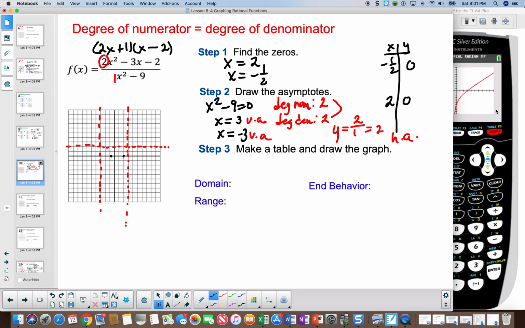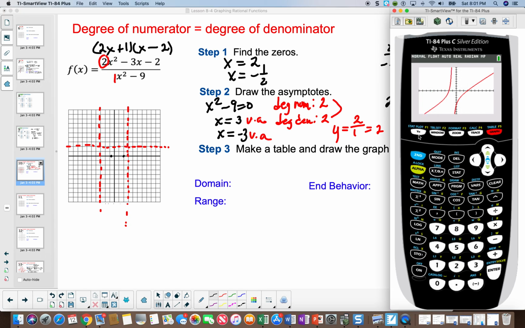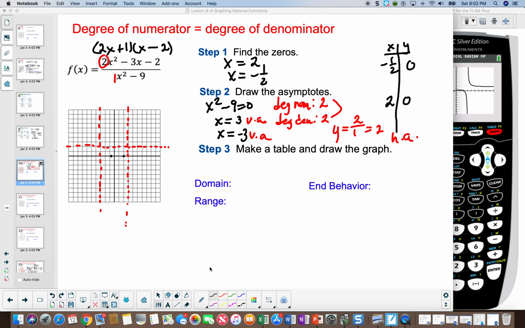All right, let's let the calculator help us. And so I'm going to go to y equals, go down here, turn this one off, and then I want to go to this particular one, turn it on, and then graph. And you can see how the graph wants to follow those asymptotes. Okay, so I know the graph wants to follow this asymptote and then follow this one.